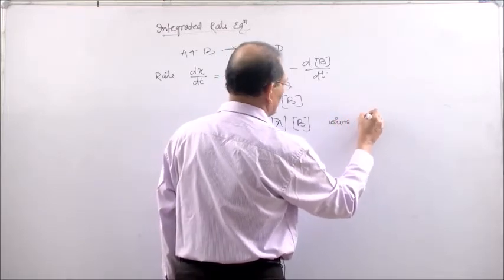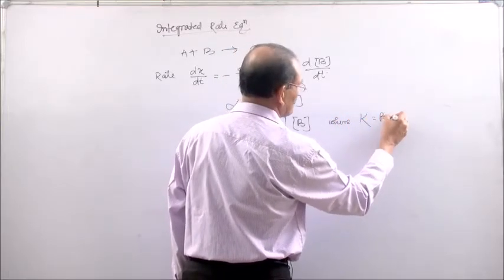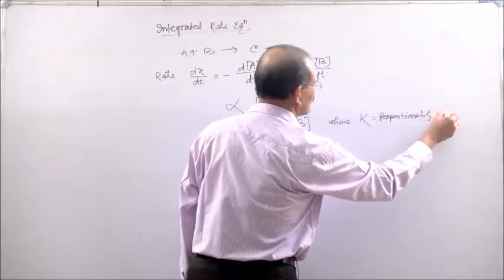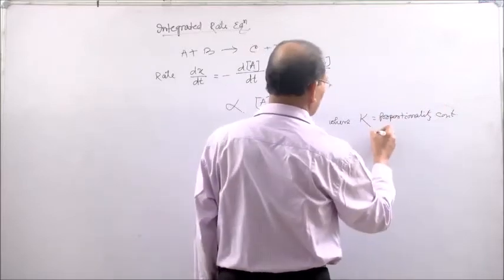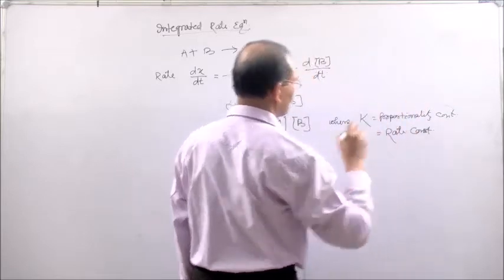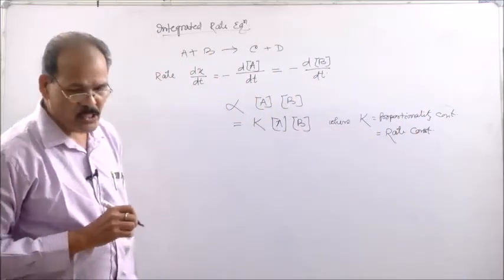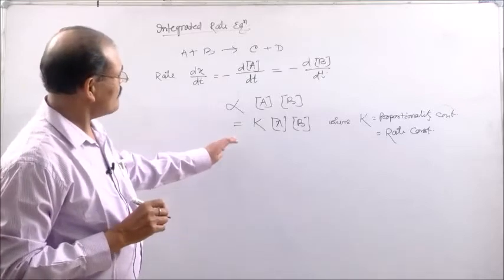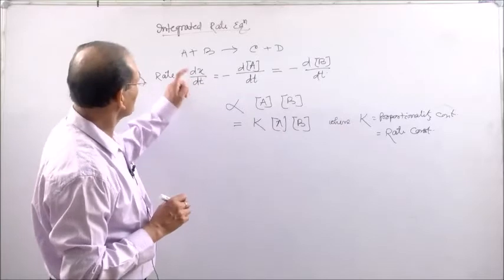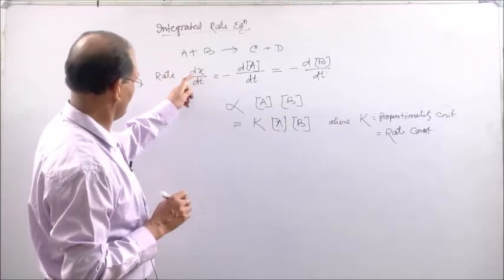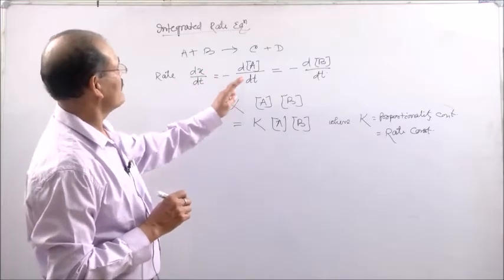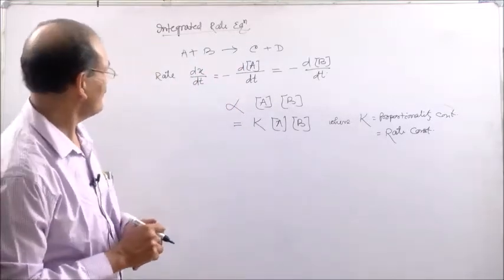So the time dependence as the reaction proceeds means the concentration of any one of the reactants is decreasing, which is equivalent to the increase of any one product. That gives the rate of the reaction.